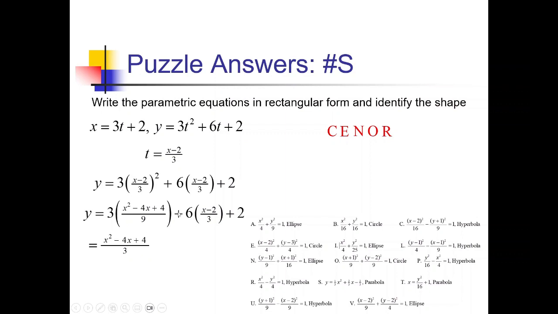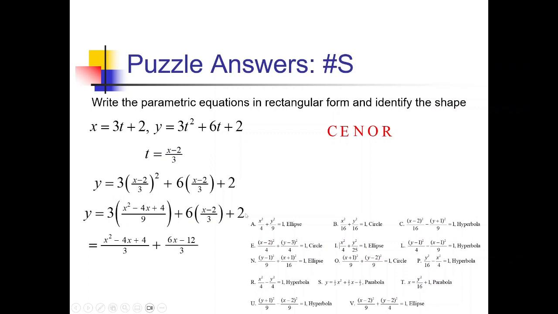For this next fraction, I could reduce the 6 and the 3, but then I'm going to lose a 3 from my denominator, and I'm going to have to get it back to match this first denominator, which is annoying. So instead of using the 6 that way, I'm going to multiply the 6 by the numerator instead. You have to do one or the other, divide or multiply, so I choose multiply. So this is going to be a denominator of 3. We're going to have 6x minus 12.